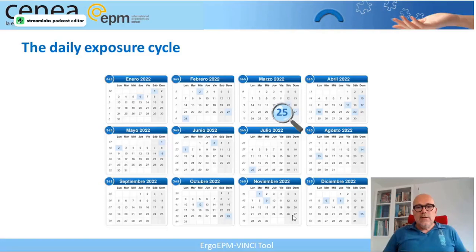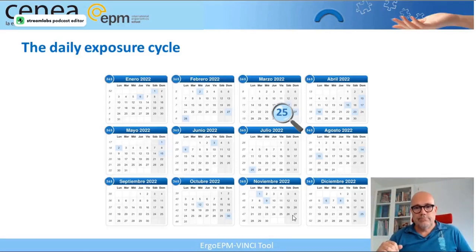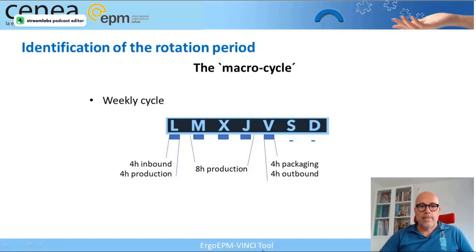Notice that these risk indices that we have calculated, we have observed a working day and we have assumed that every day they have the same level of exposure. What happens when it isn't?